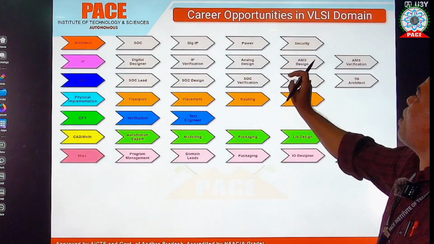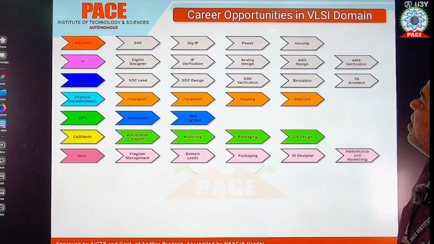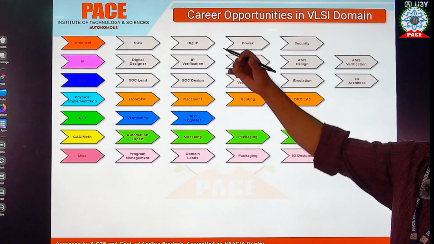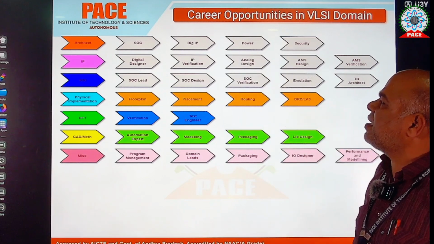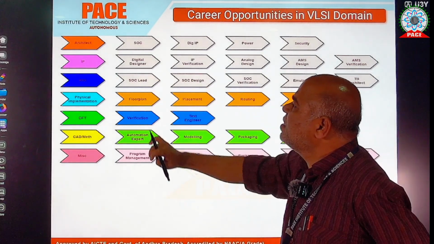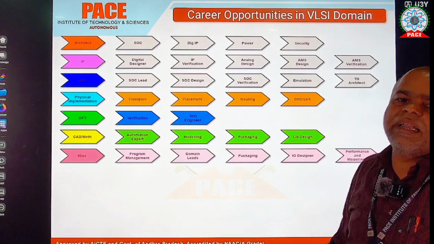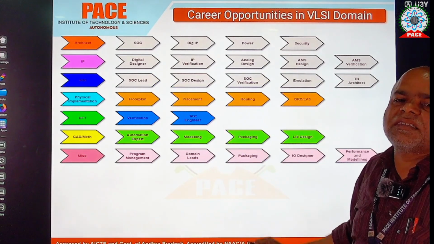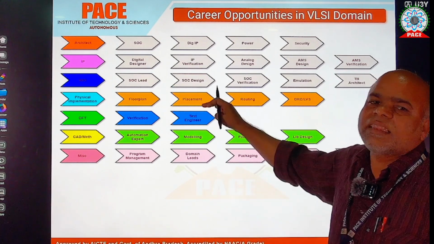These are the career opportunities in the VLSI domain. Nowadays the VLSI course offers more career opportunities in many domains. The first domain is architecture. Architecture means you are designing an architecture for any digital system or analog system, or any SOC, and you have to create the architecture.